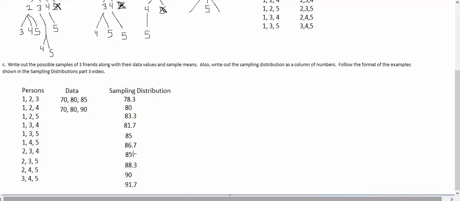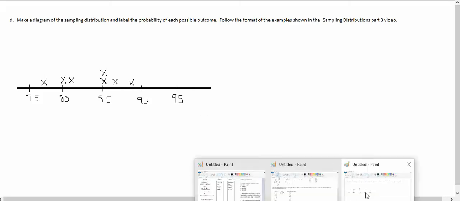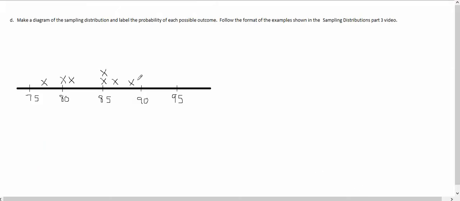Then we have 88.3. And then we have 90, and we also have 91.7. I might have left one out by accident, but I included it now. So now we have all 10 numbers.